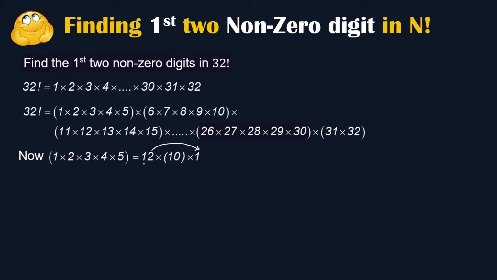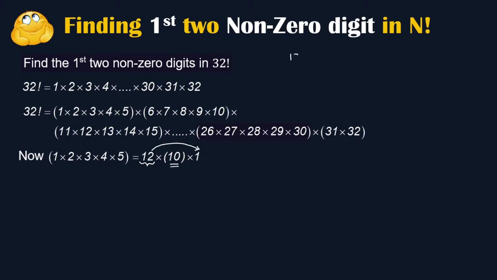Therefore, we have to consider this 12 as a whole. When this 12 is multiplied with 1, we get the last 2 digits of the number 1 into 2 into 3 into 4 into 5, excluding the 0, because I have already separated the 0 by saying that it is multiplied with 10.